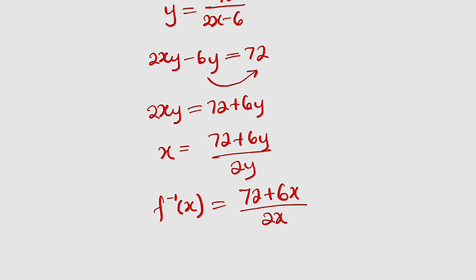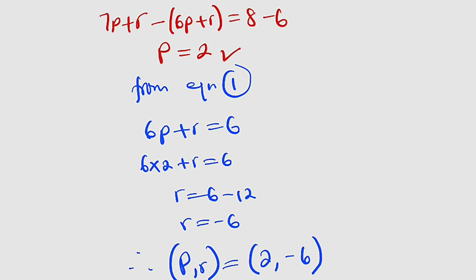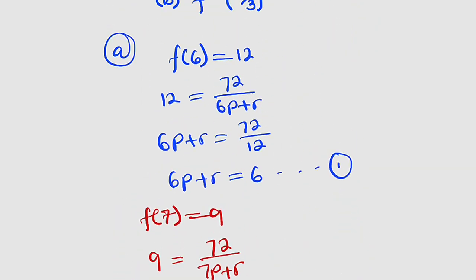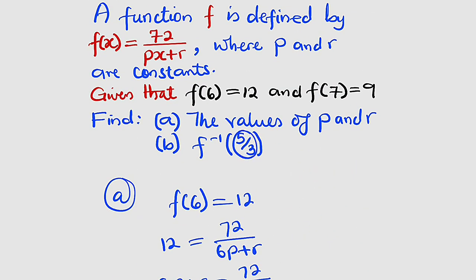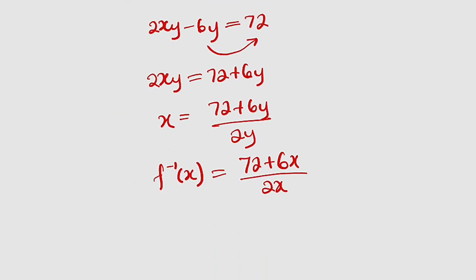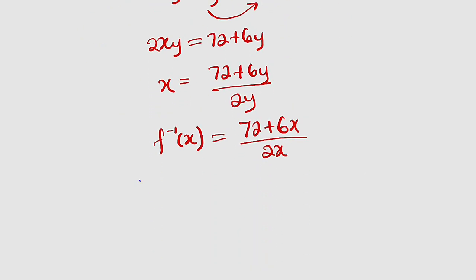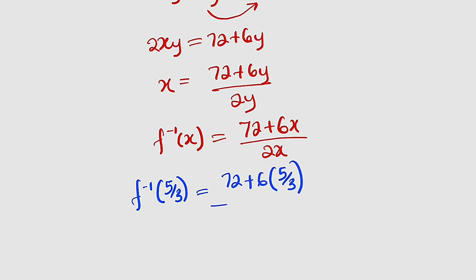Next, wherever we have x, we are going to plug in what? 5 over 30, right? You see that? 5 over 30. So let's go on. F inverse of 5 divided by 30 implies that wherever we have x, we should replace it with 5 divided by 30. So this is 72 plus 6 times 5 divided by 30 divided by 2 times 5 divided by 30.